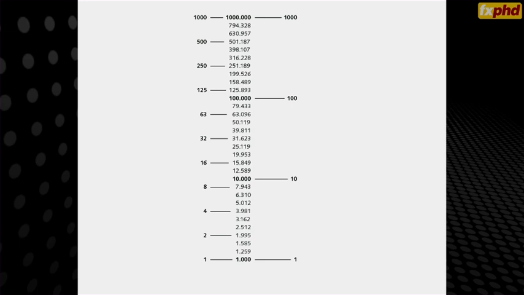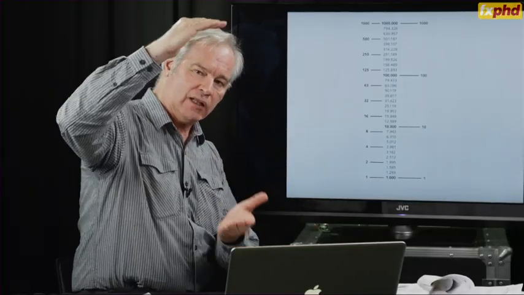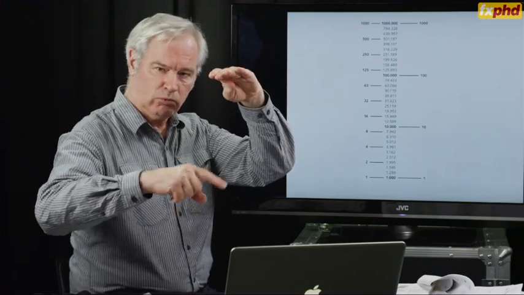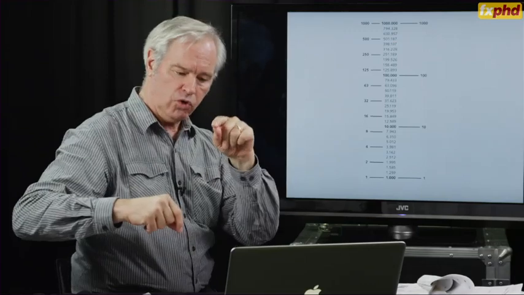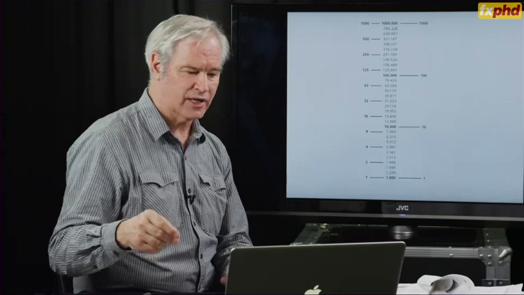Now, I'd like to give you a sense of how those numbers work over a scale of 1,000 to 1. And the basic principle of logarithms is divide that scale so it doesn't go up by 1, 1, 1, all the way from 1 to 1,000, which would be 1,000 steps, or 999, depending how you count.